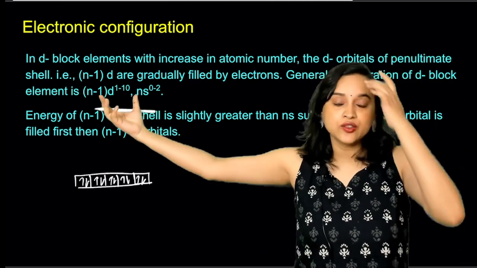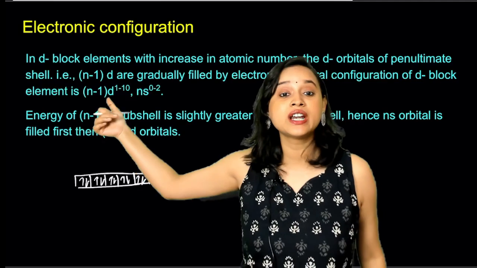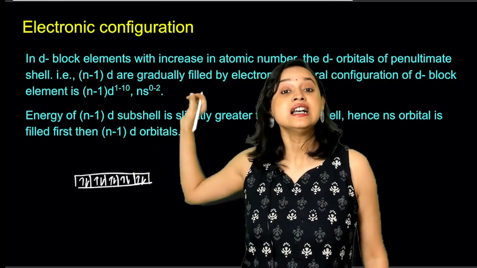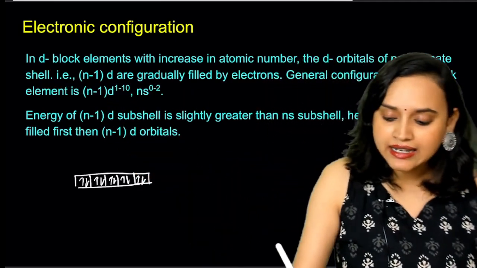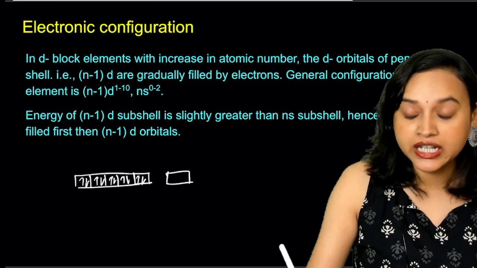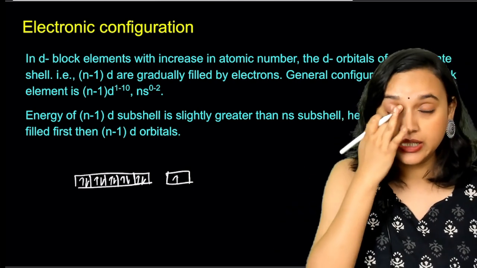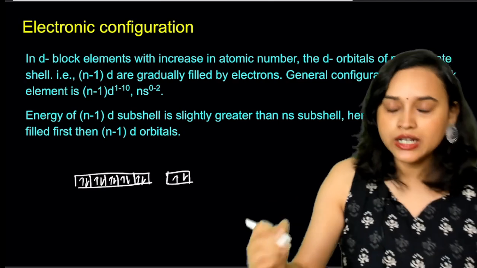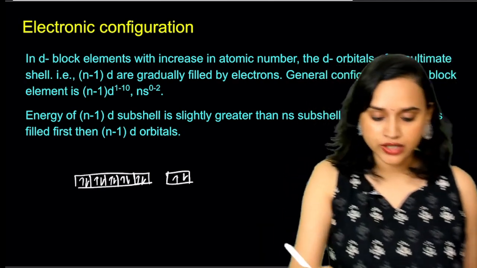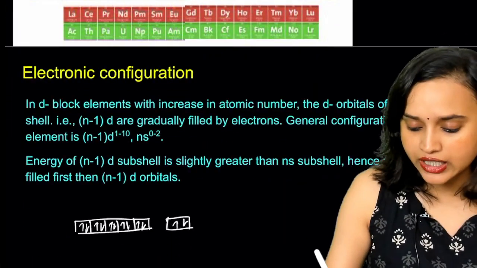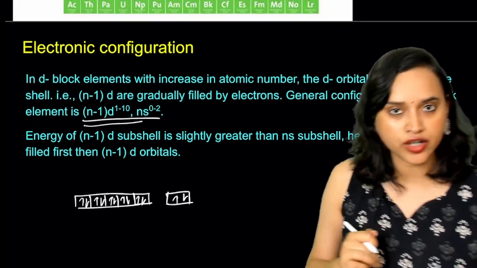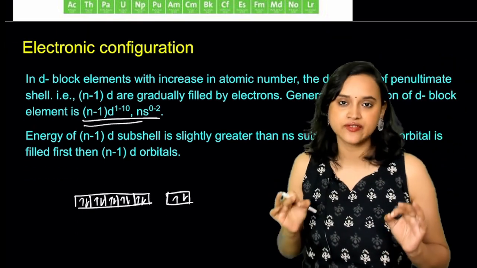That is why it is (n-1)d1 to 10. In the ns orbital, you can have 0 electrons, or 1 electron, or 2 electrons. So this is the general electronic configuration. Do not forget it. This is very, very important.